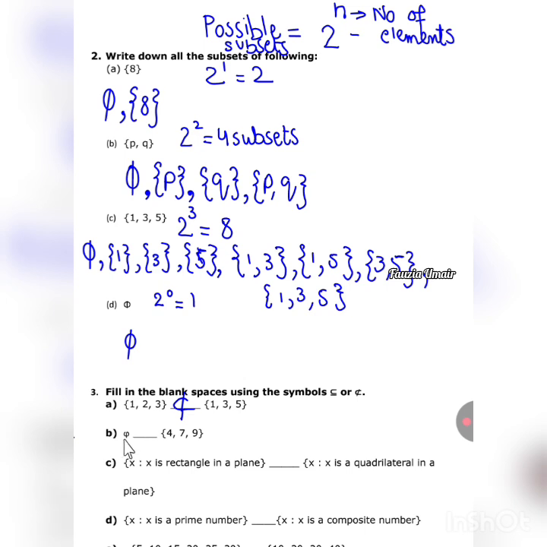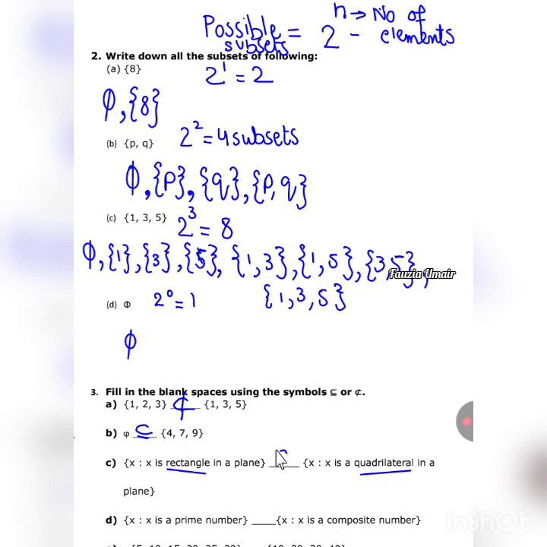Next, the empty set. You know the empty set is a subset of all sets, so this symbol will be used. Now this is very interesting. This is written in set notation form: {x such that x is a rectangle in the plane}. So all the rectangles are there in this set, and in the other set all the quadrilaterals are there.